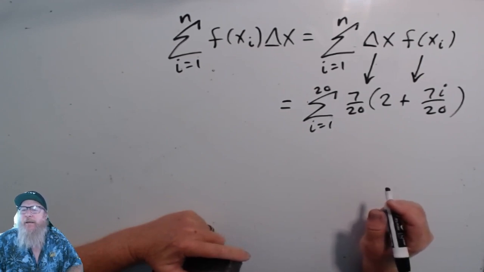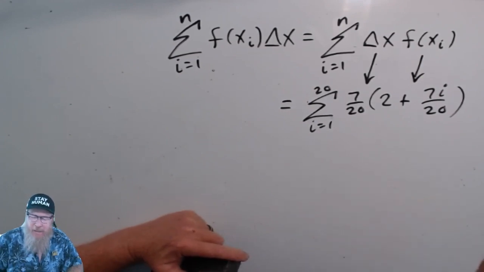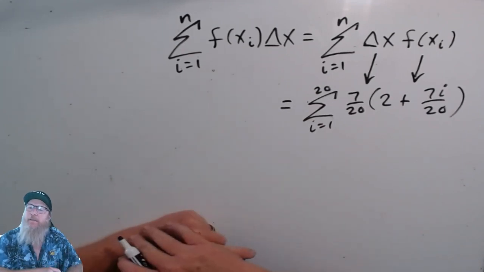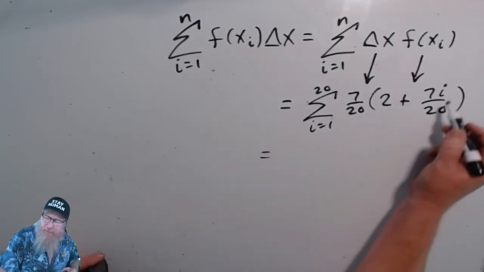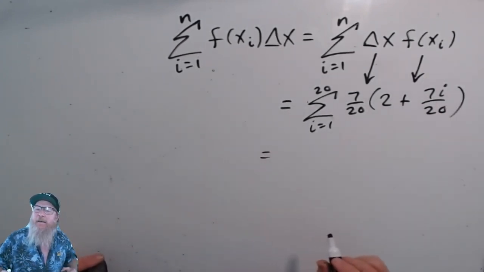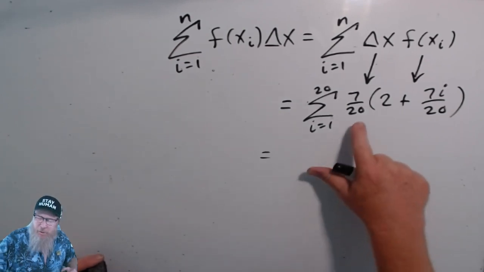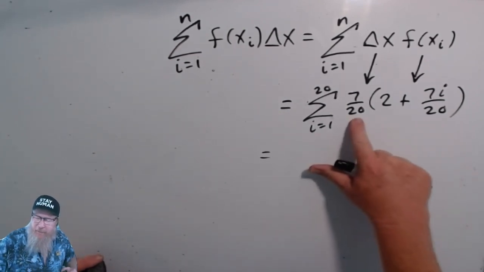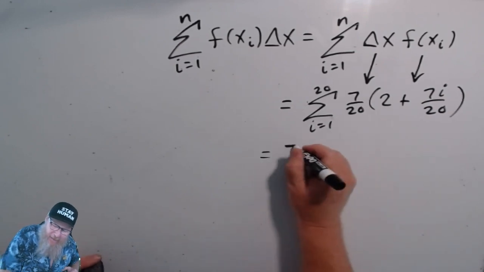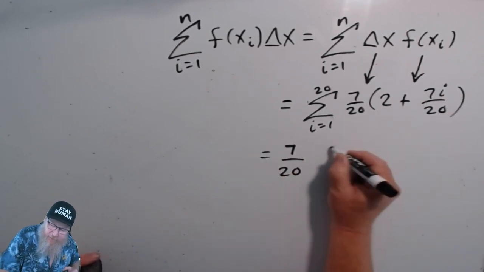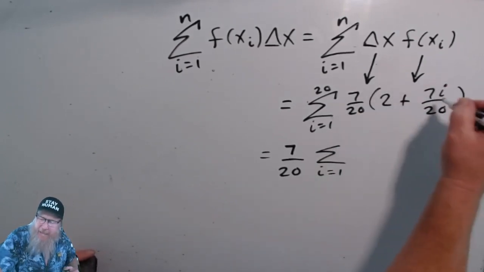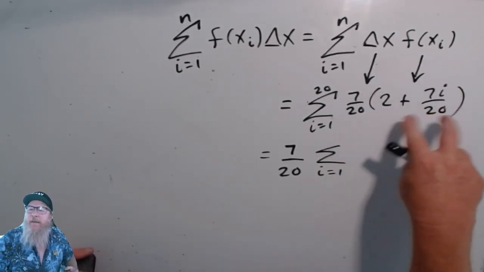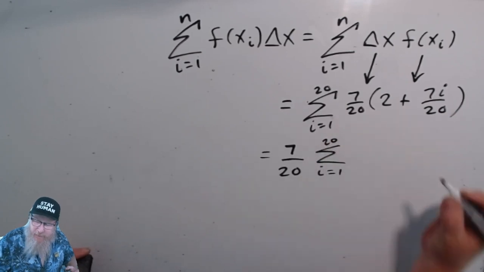Another way to do it is to use one of the recipes that we had, right? And this one is pretty simple, because it only has an index of i. I have a choice about how I want to deal with the 7/20ths. I like to bring it out. That's one way. Sometimes I put it into the parentheses, but in this example, I want to try it this way.